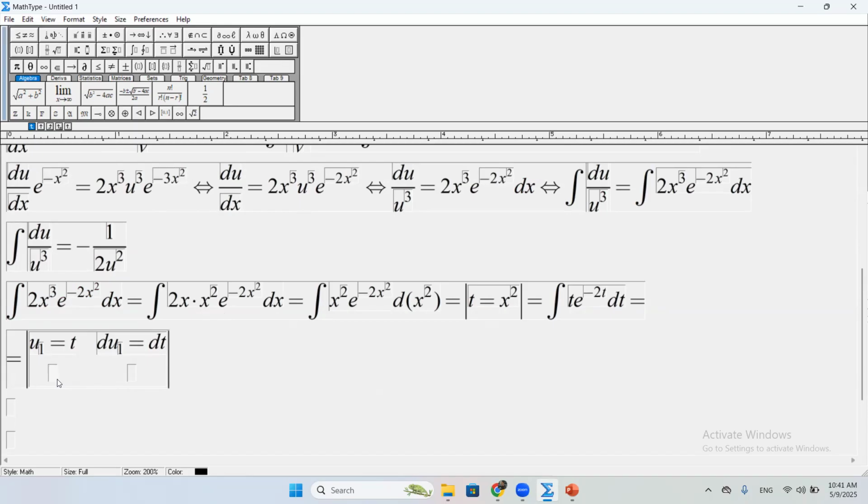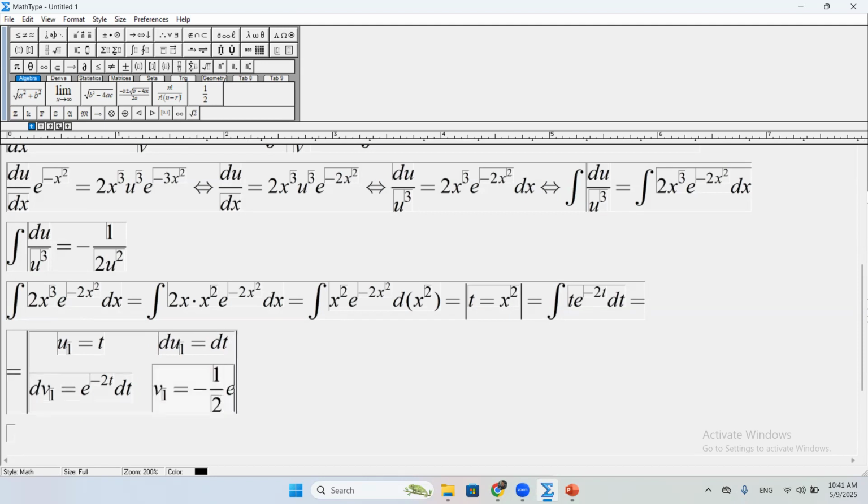Then dv1 equals e to the power of minus 2t dt. Then v1 equals minus 1 over 2 e to the power of minus 2t.